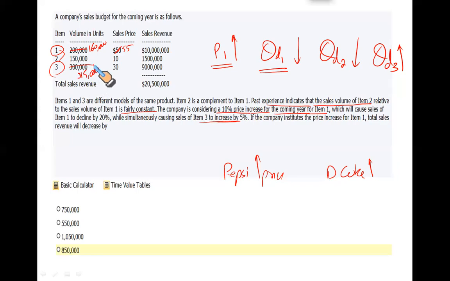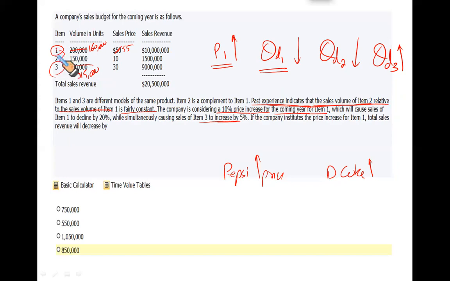Now, the question is silent about item 2, but we must remember this important information given here. Past experience indicates that the sales volume of item 2 relative to item 1 is fairly constant. If the demand for item 1 fell by 20%, even though the question is silent, we will have to reduce the demand for item 2 by 20% also, because the information given is very explicit.